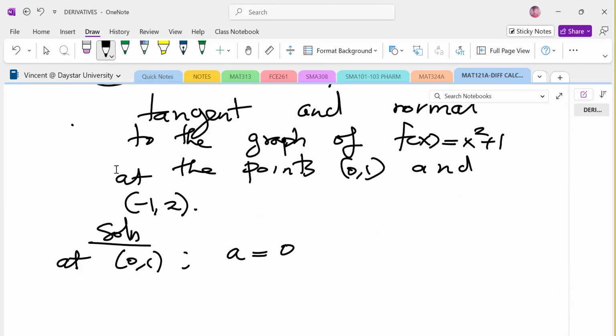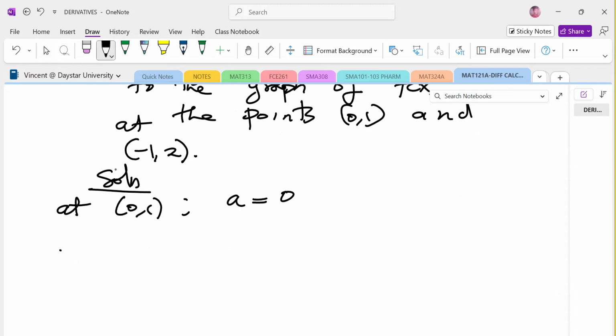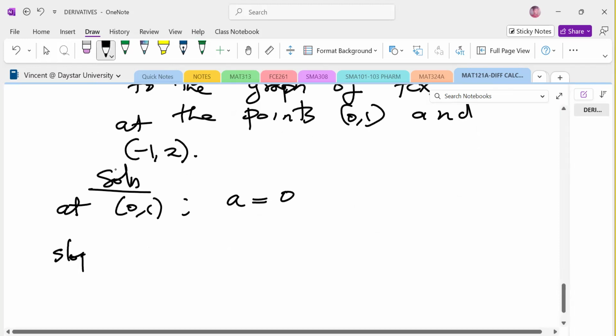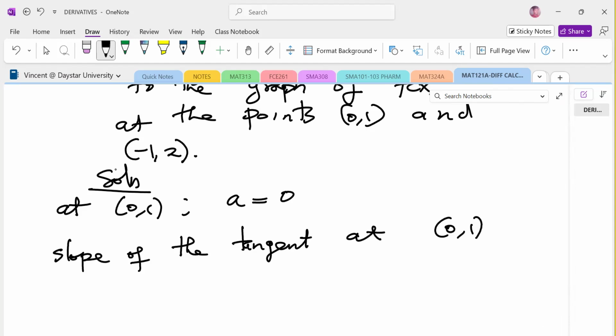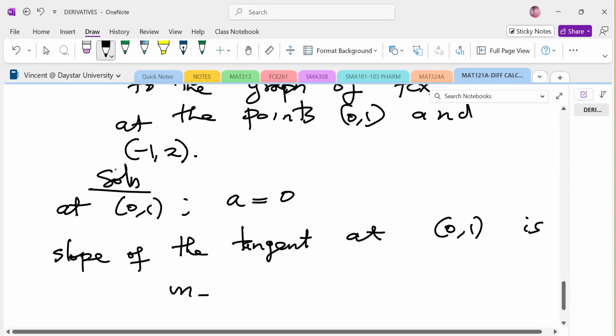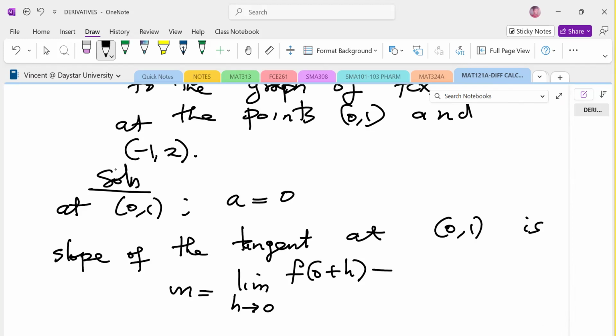So therefore, the slope of the tangent at (0, 1) is m, limit as h approaches 0 of f of, now our a is 0, so it will be 0 plus h, minus f of 0, divided by h.